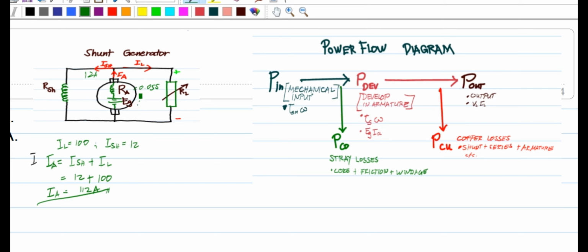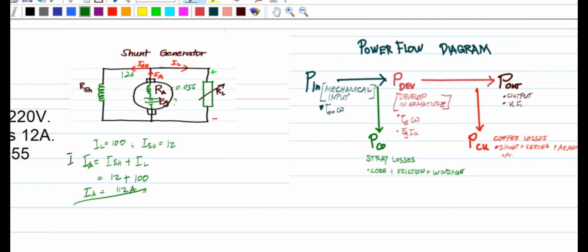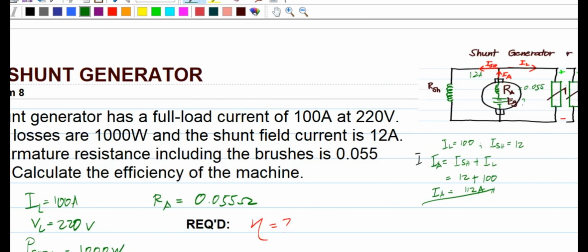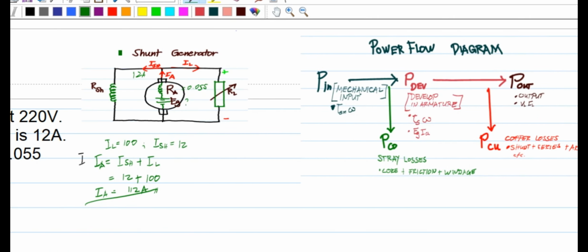And also the voltage VL is 220, therefore the output PO is equal to VL times IL.